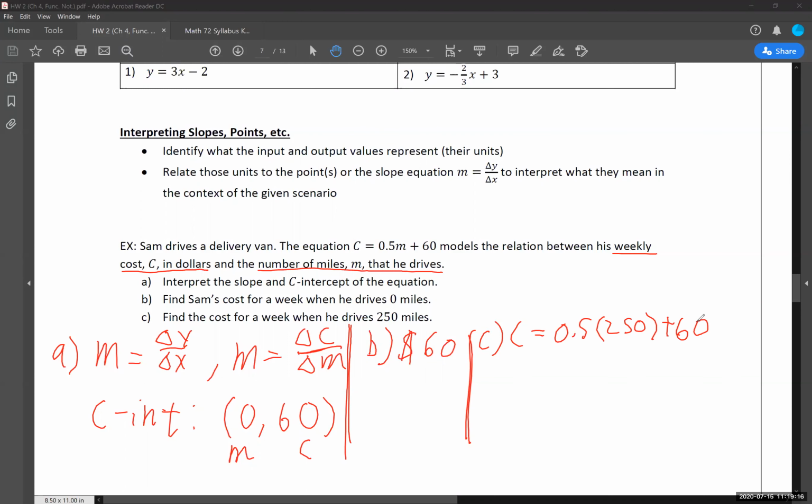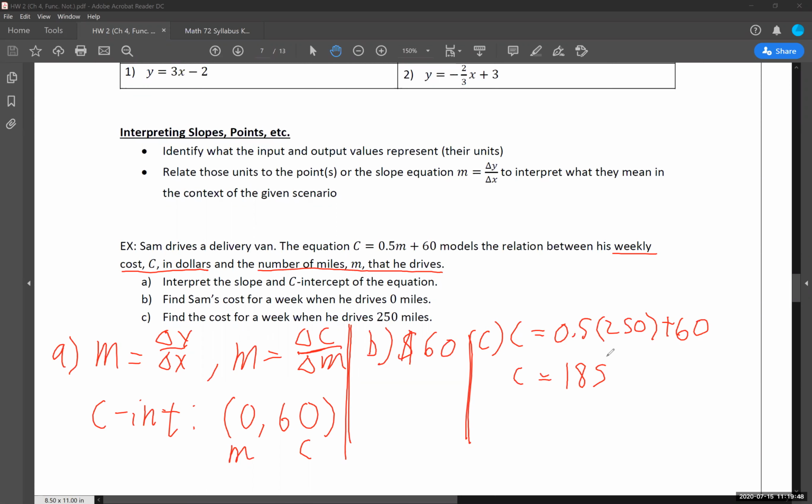And now we can solve this for C, and you can use your calculator for finding that value. So I'm just plugging that whole thing into my calculator: 0.5 times 250 plus 60. I'm getting 185. So that's going to be the cost for a week for driving 250 miles.